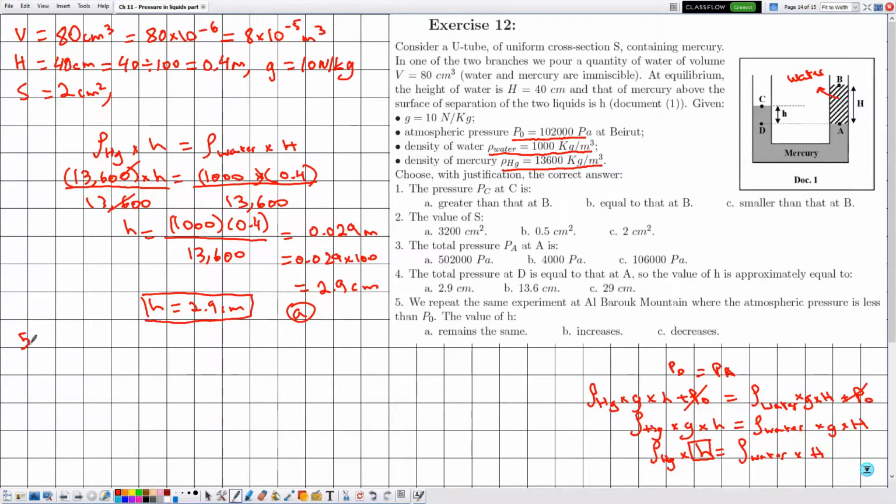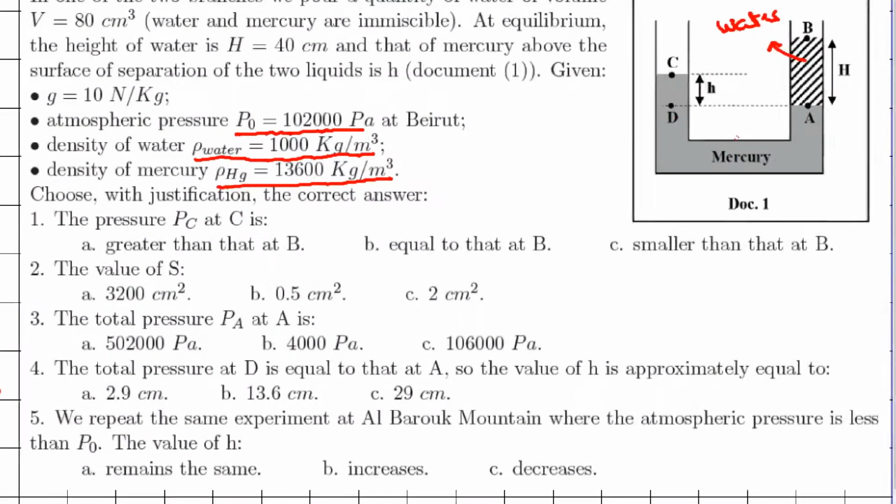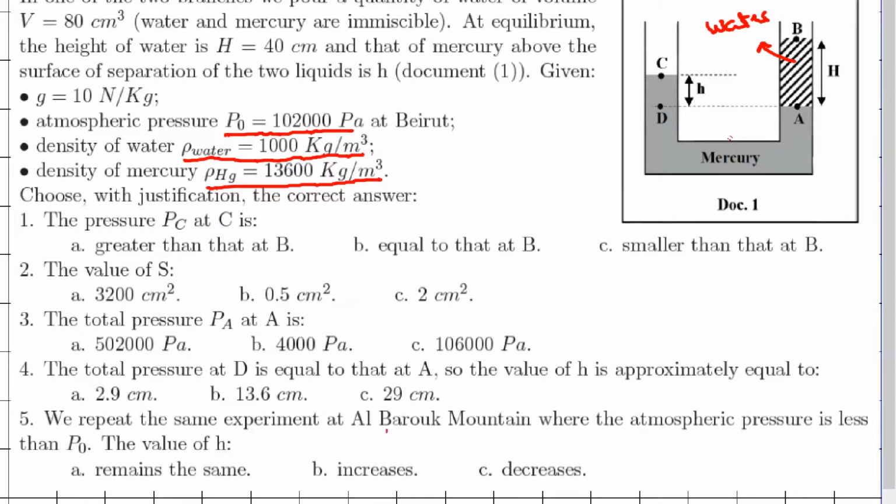Now finally, as for part 5, we repeat the same experiment at Al Barouk mountain where the atmospheric pressure is less than P0. So previously we were performing this experiment at Beirut. Now we repeat the same experiment at Al Barouk mountain.